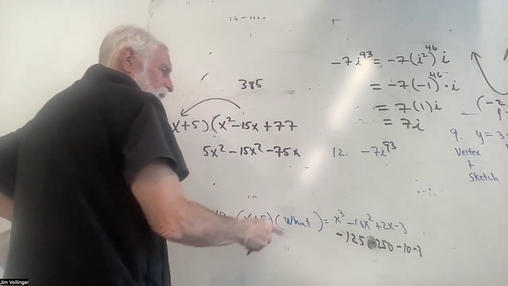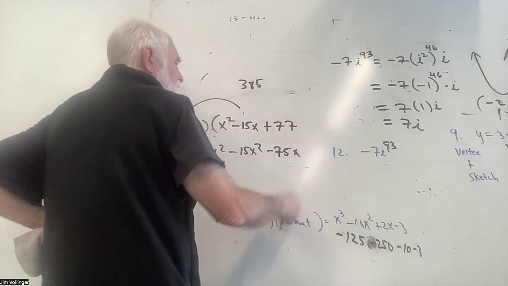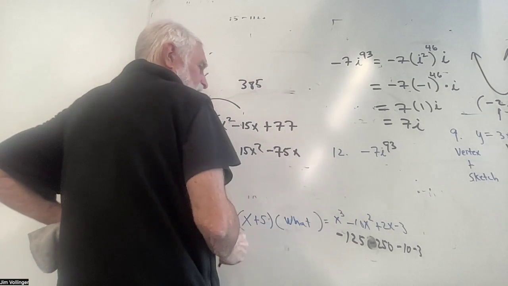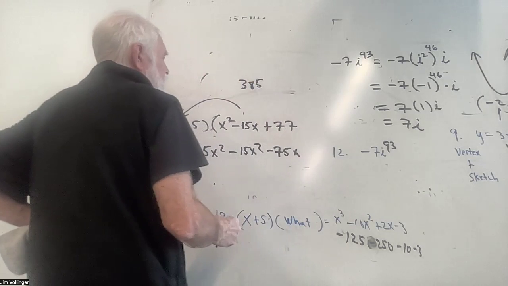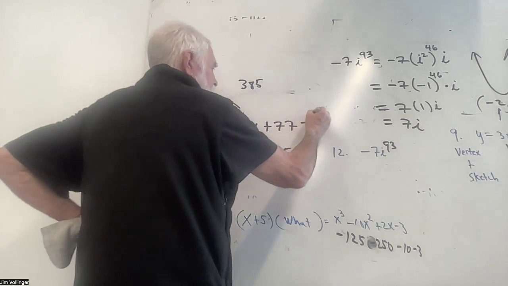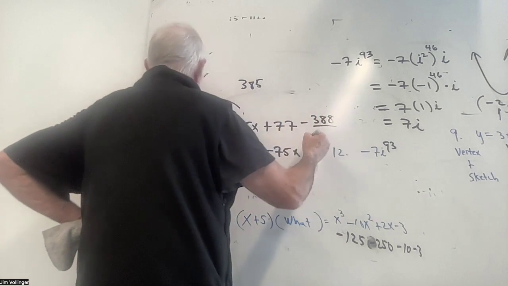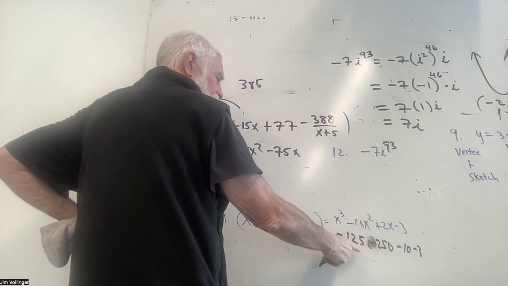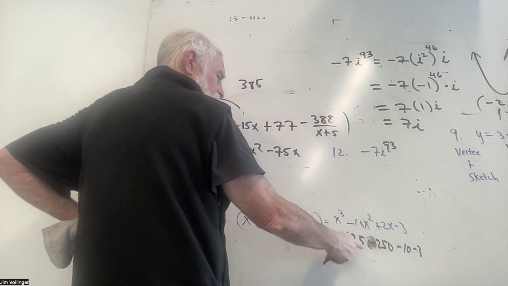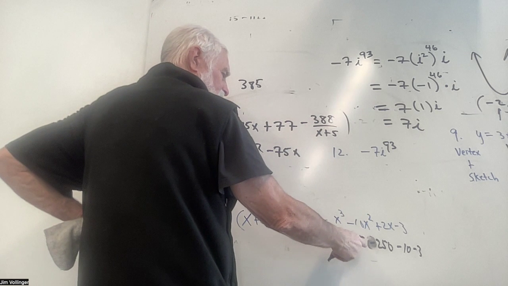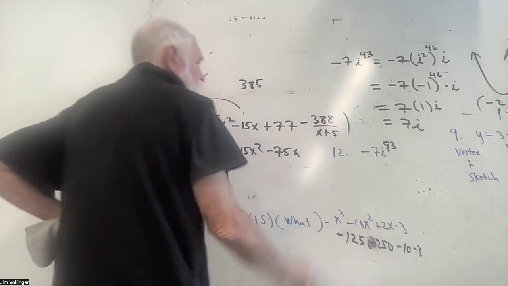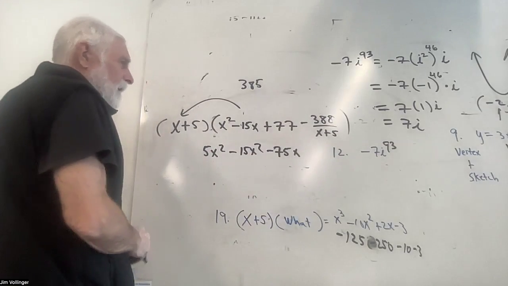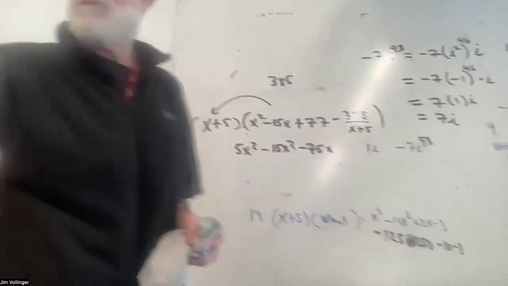So how do I get from 385 to negative 3? I got to go down 388. And that's over x plus 5. So I'm guessing that's minus 388. And I can see that minus 250, minus 350, minus 375, minus, it is. So that checks. Okay, had a momentary lapse there as well.